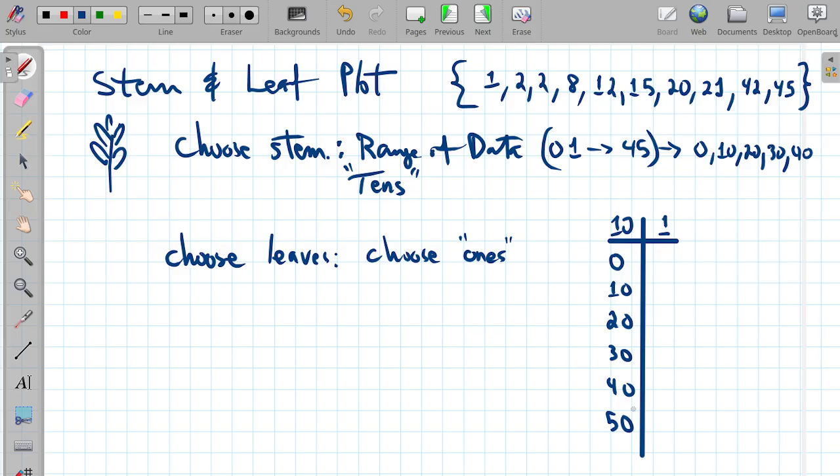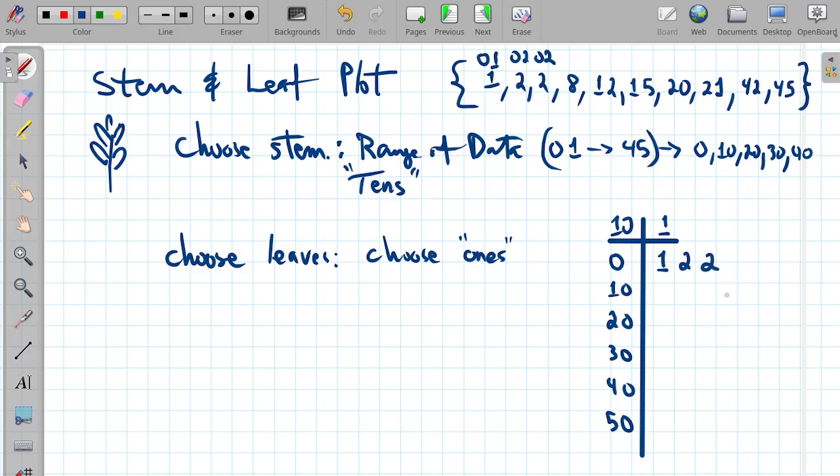Now let's look at our numbers up here. So the number 1, that's just another way of saying 0, 1. Okay, so we're going to put a 1 here. So 0, 1, that's our first observation. I have two 2's now. So I've got 0, 2, and 0, 2. So these are two-digit numbers. If there are duplicates, you have to write them both.